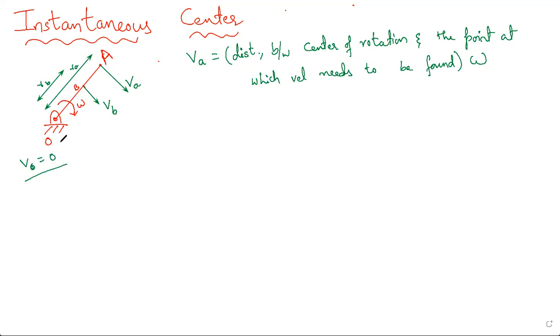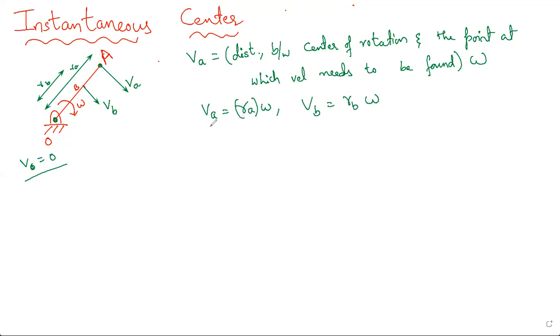There is no velocity at point O, and as you climb the ladder, going towards A, the velocity keeps on increasing. So I can write VA is equal to the distance between the center of rotation and the point at which we are finding the velocity, RA times omega. Similarly, for the velocity at point B, I can write RB times omega.